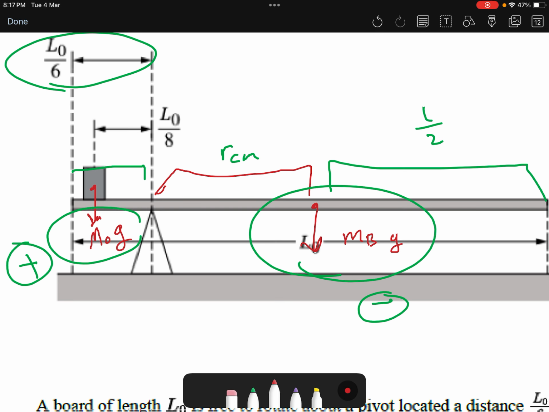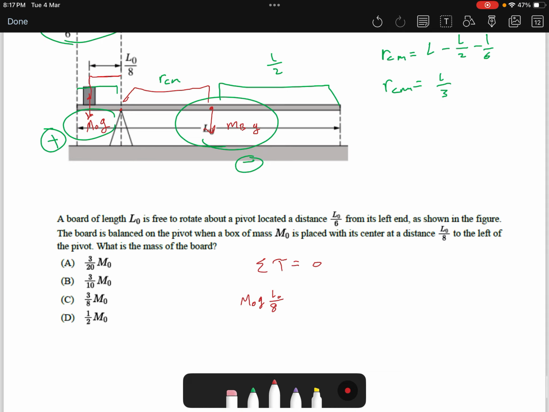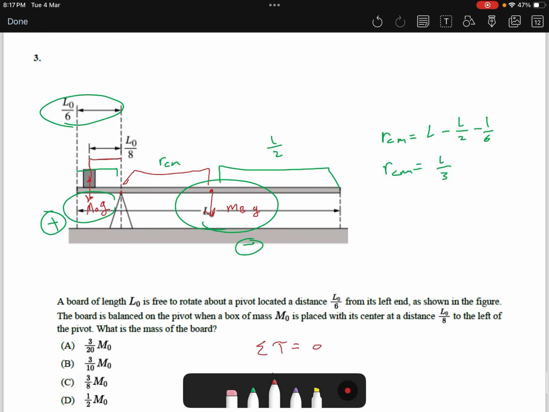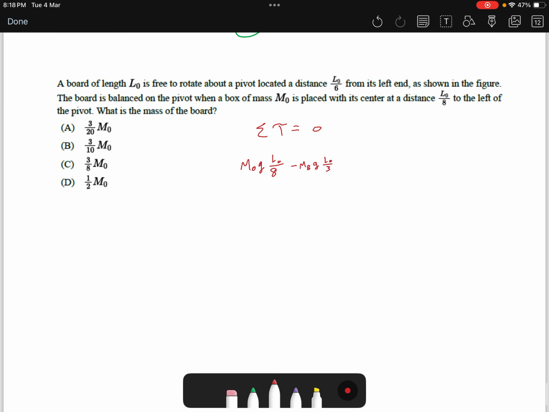Actually, this is given, the distance between the pivot point and the mass. Minus MB, the mass of the board, times G, times L over 3. This L over 3 is the distance that we calculated.